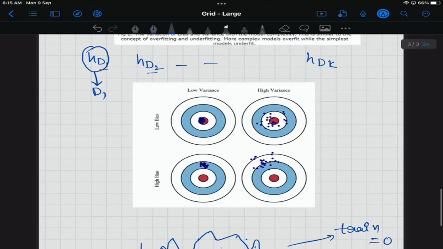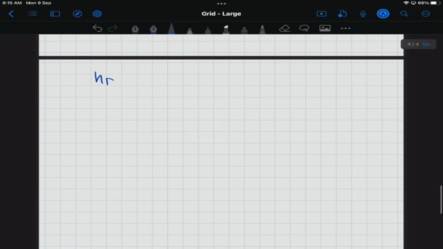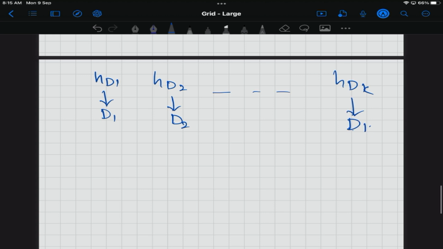Because variance will increase when my HD1 model is specializing on D1, my HD2 model is specializing on D2. Like this, if all of the individual models are over specializing on individual data sets, then you compute the variance between all of these values.